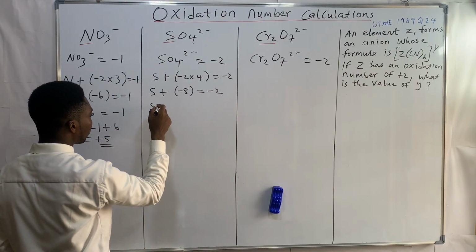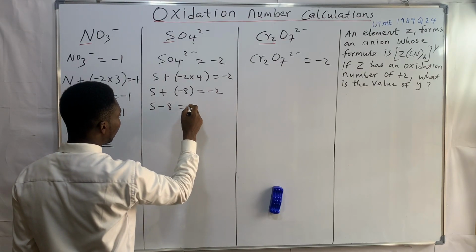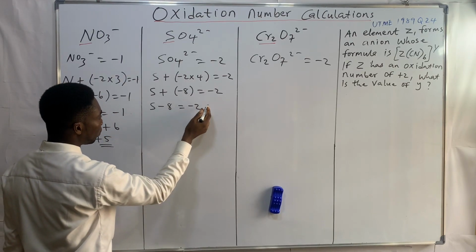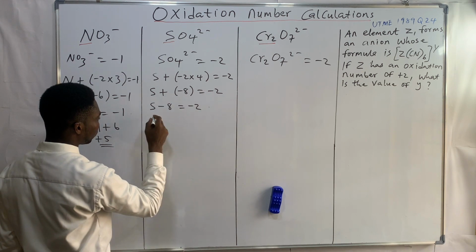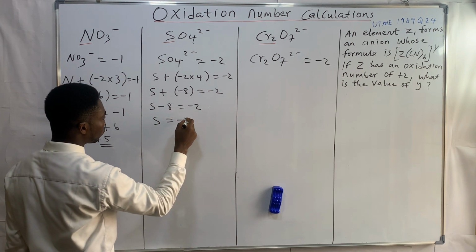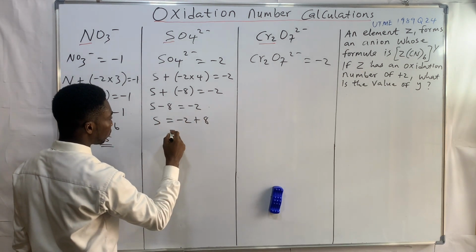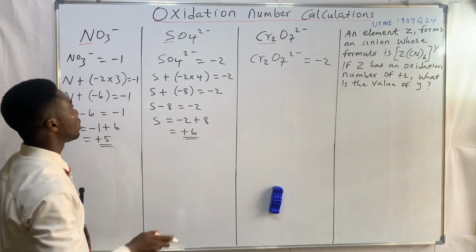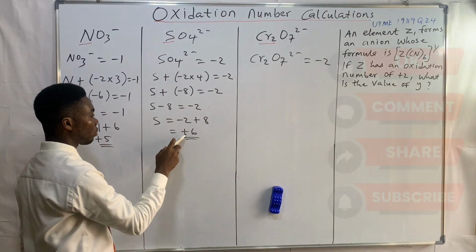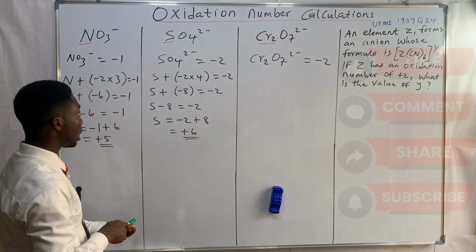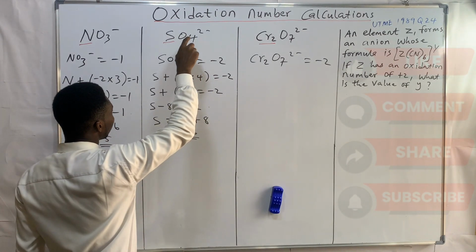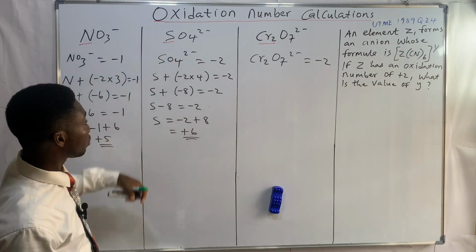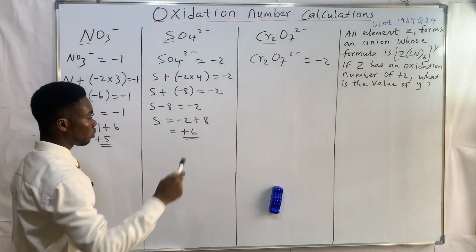Minus 8 crosses the sign of equality to become plus 8, so S equals minus 2 plus 8, which gives us plus 6. The oxidation state of sulfur in sulfate is plus 6, so it can also be called tetraoxosulfate 6.